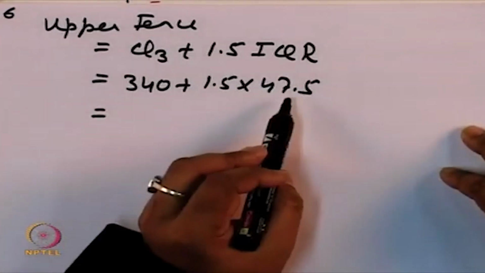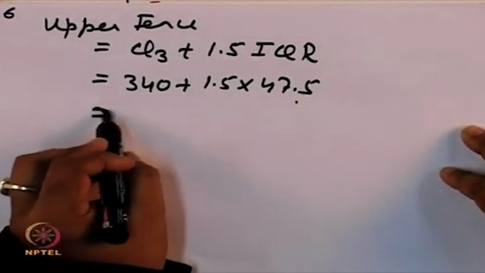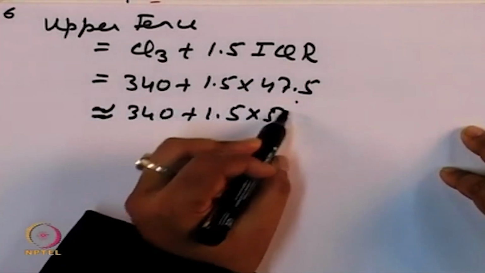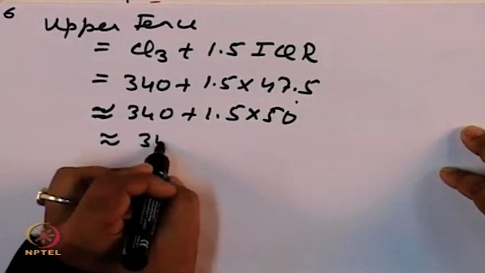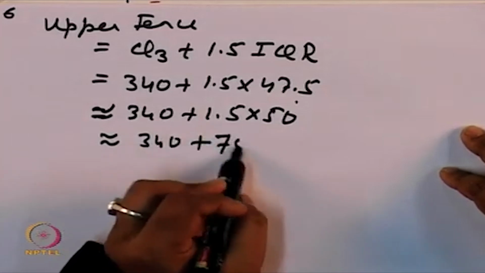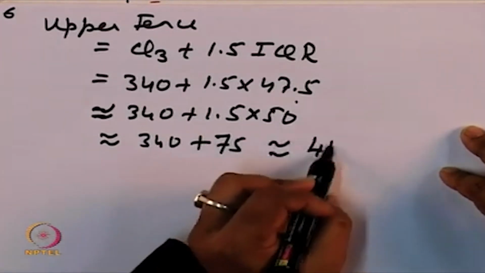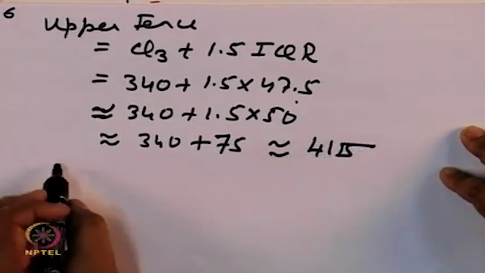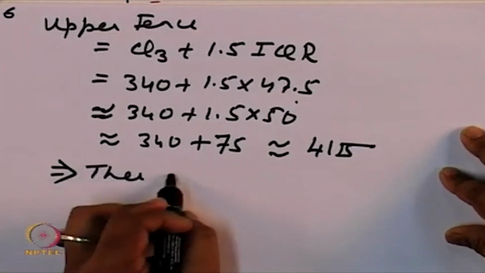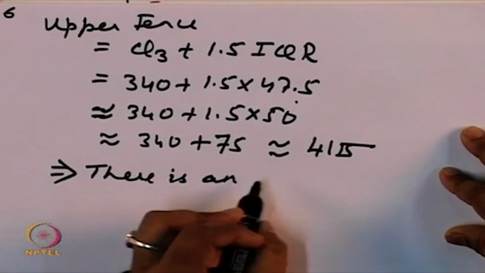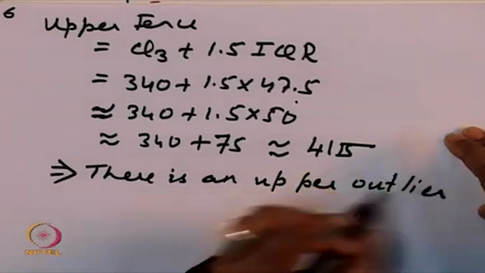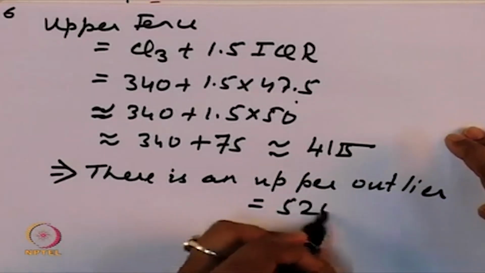If I assume this as 50, this is approximately 340 plus 1.5 times 50, so approximately 340 plus 75 is roughly 415. So this implies that there is an upper outlier, which is the value equal to 520.